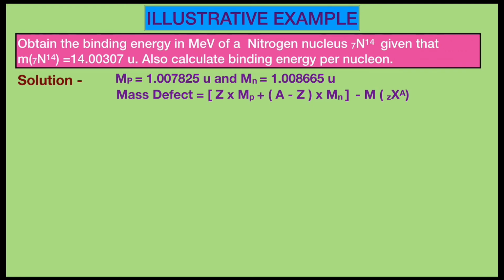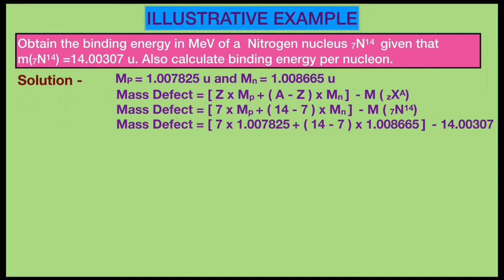Here total mass of nucleons is calculated by the addition of total mass of proton and total mass of neutrons. So let us replace the values here: 7 into mp plus 14 minus 7 into mn minus mass of the nucleus of nitrogen. By replacing the values of mass of proton and mass of neutron, we get mass defect is equal to 7 into 1.007825 plus 14 minus 7 into 1.008665.